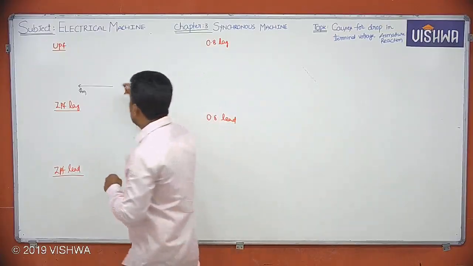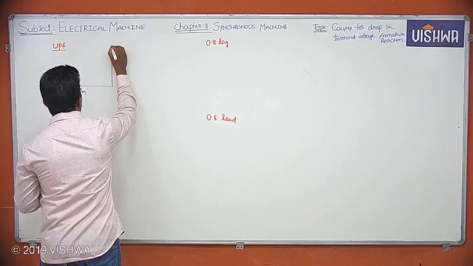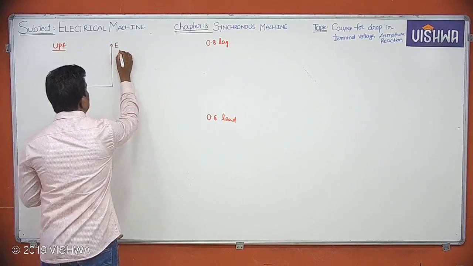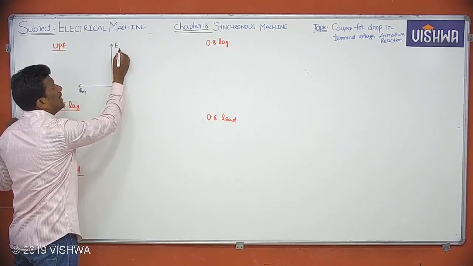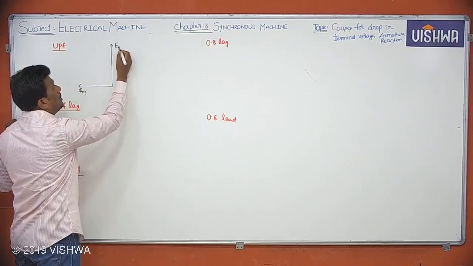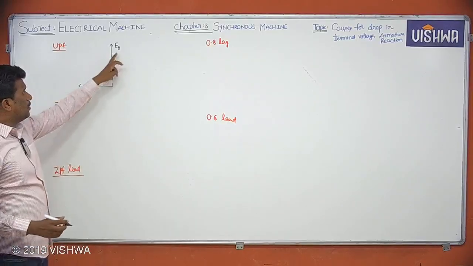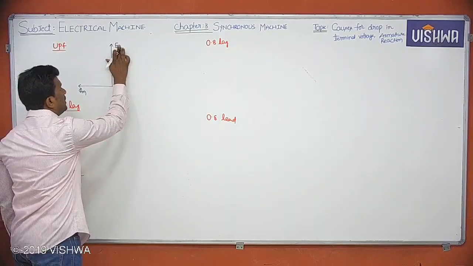The angle between that EMF and phi will be 90 degrees. You know that. So generally we can call this voltage EZ or E, as you wish. Let me call it simply E.